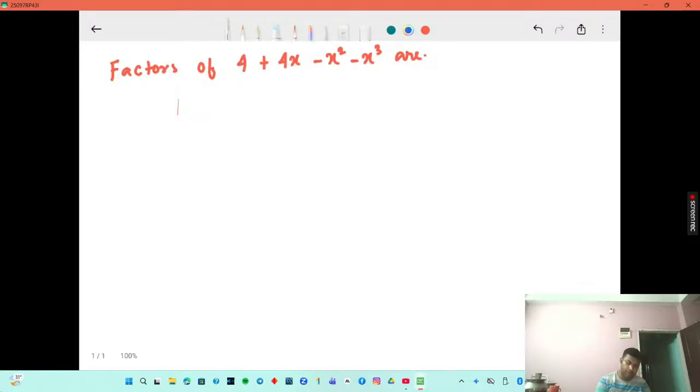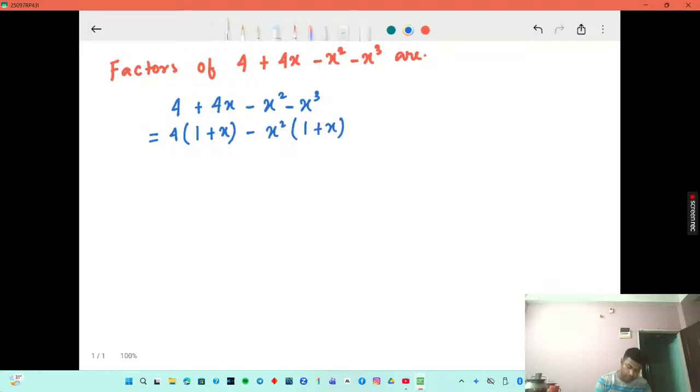So how do we find the factors? 4 plus 4x minus x square minus x cube is equal to, here we will take common 4. If we take common 4, we can write 1 plus x, and again minus, we will take common x square, then it will come 1 plus x.